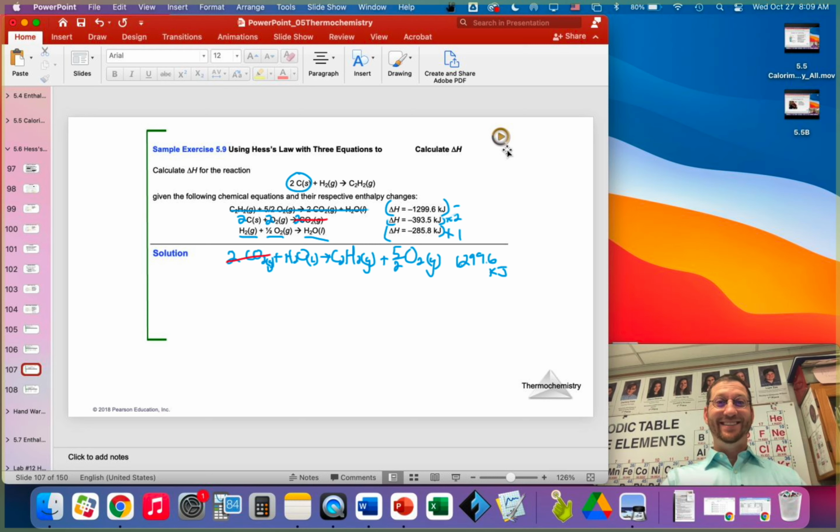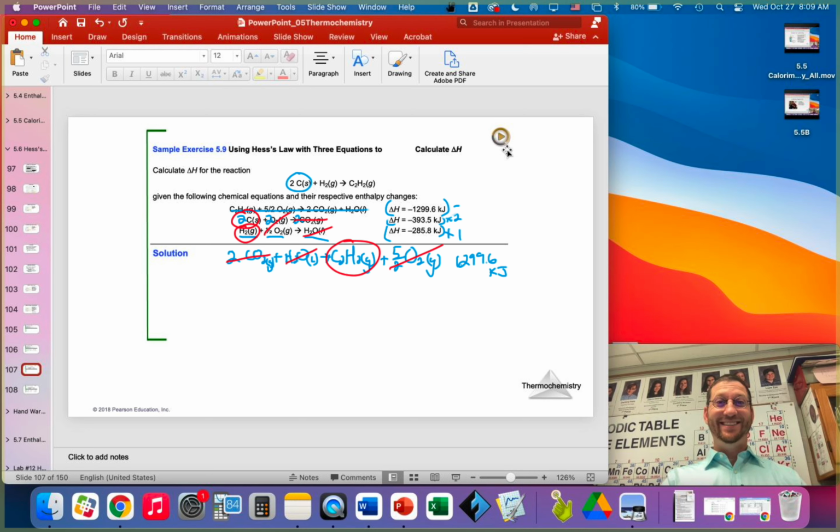We have half of an oxygen molecule here, but we have 2 oxygen molecules there. So 2 would be 4 halves plus another half would be 5 halves of an oxygen molecule. Water is a product, water is a reactant, and I believe this reaction is all set to go. So we have our 2 carbons, we have our hydrogen gas, everything canceled out, and we produced our acetylene.